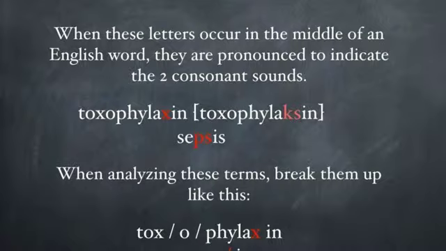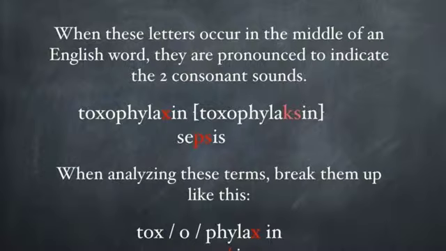Now keep in mind, when you're analyzing these terms, you should break them up like this. Toxophylaxin, keep the consonant with the earlier part of the word, and sepsis. So notice here with these word analyses that the way they've been broken up is different from the pronunciation of the words in English.